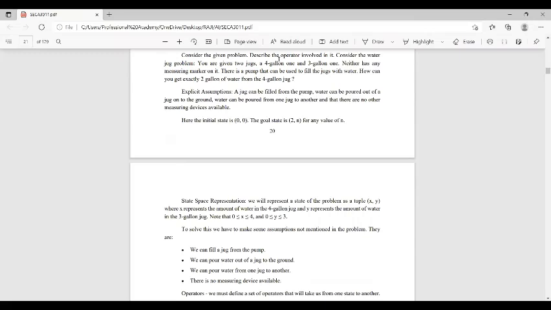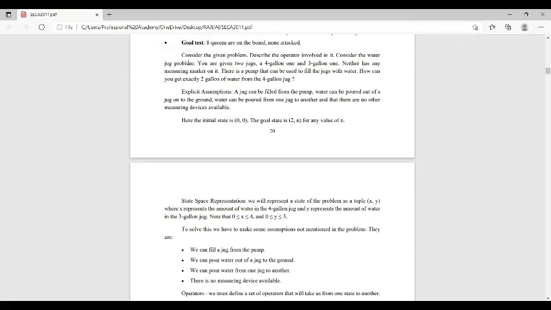One is a 4-gallon jug, another one is a 3-gallon jug. They don't have a measuring marker. There is one pump used to fill the jugs with water. So how can we get exactly 2 gallons of water in the 4-gallon jug? That is the problem. For that problem, we are going to make a solution by using those search terminologies.